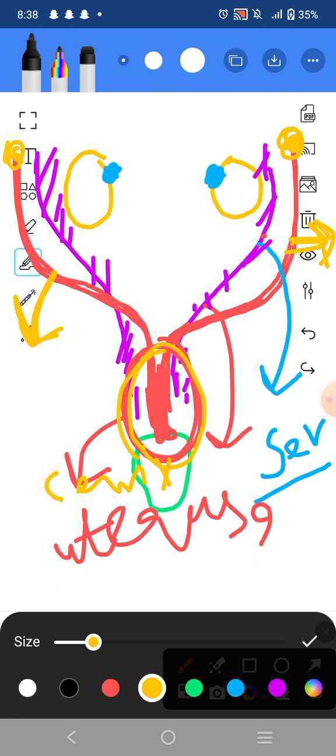So remember that these paramesonephric ducts extend, and they fuse in the midline distally, right? They started from here, and then they extend parallel to the mesonephric ducts, and after that in the distal portion they joined in the midline, and they formed what? They formed three structures: the uterus, the cervix, and the upper one third of the vagina.